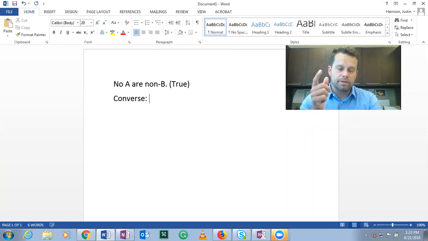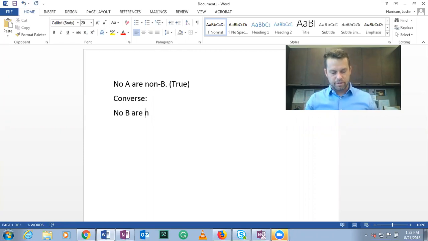Here, you might be tempted to say no B are non-A, but that is not correct. The entire predicate class here is non-B. So remember that whenever you're flipping a class, if it's everything outside of what B is or outside of what A is, you need to flip the entire class. So here it's actually no non-B are A.